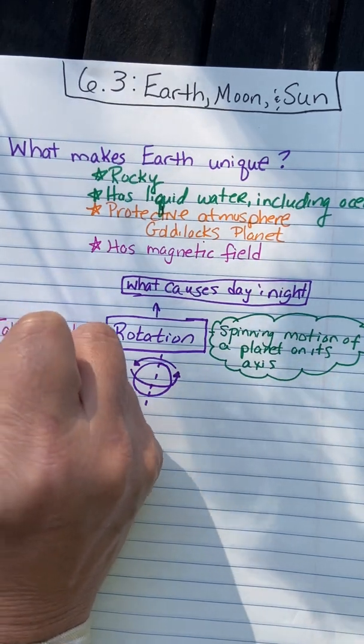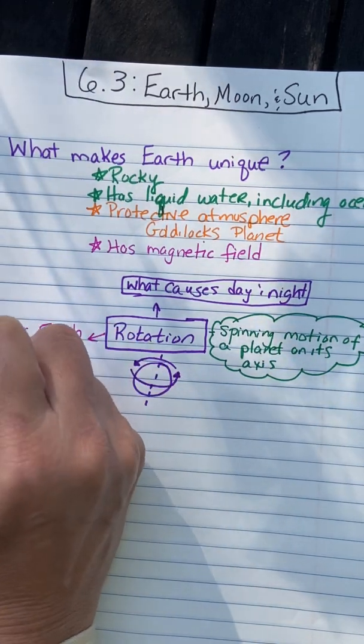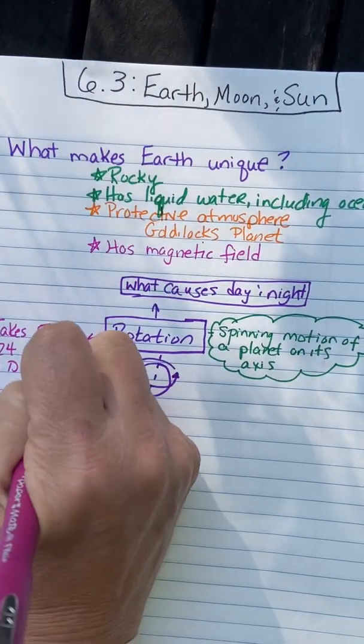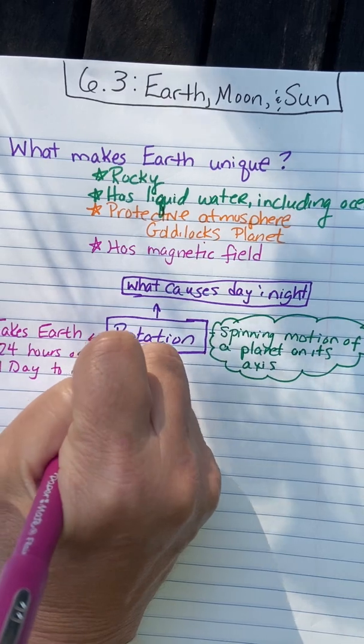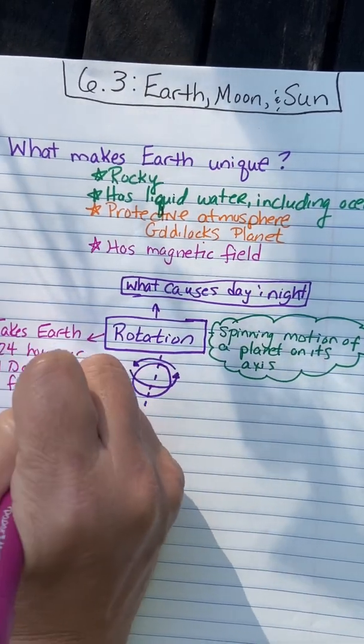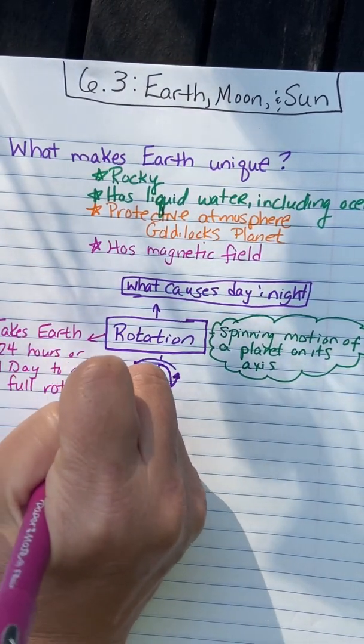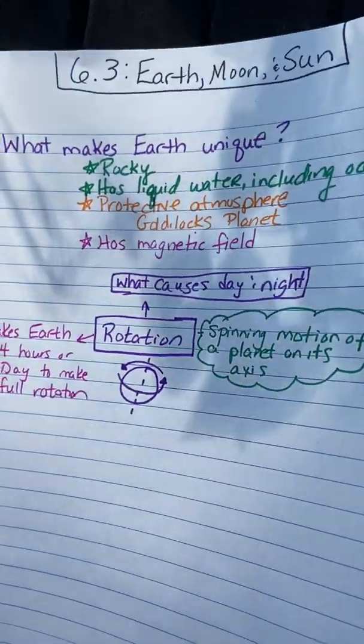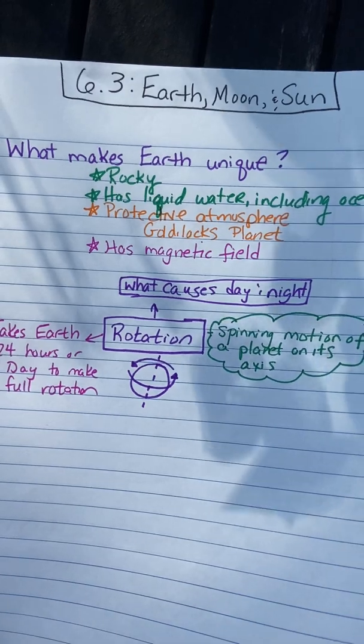It takes Earth 24 hours or 1 day to make one full rotation. So we know the Earth spins on its axis, so do other planets, but remember we're focusing now on Earth.